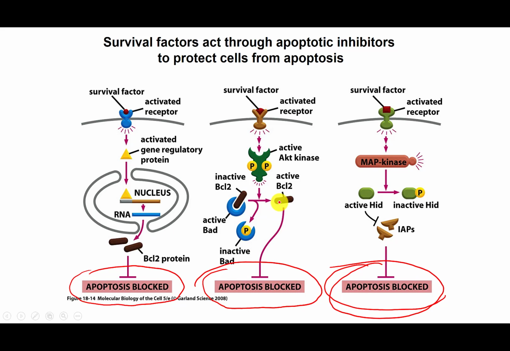And if BCL2 is activated, you're going to block apoptosis. So if you notice how this particular protein was named, it's kind of misleading in that active BAD stops BCL2. So BAD, if you have a lot of it, actually helps apoptosis go, as in a lot of BAD would cause cell death.